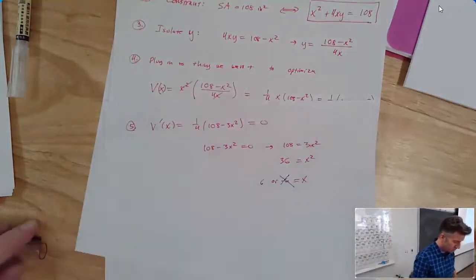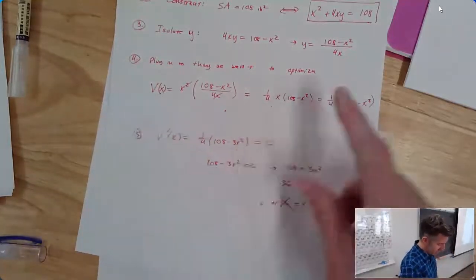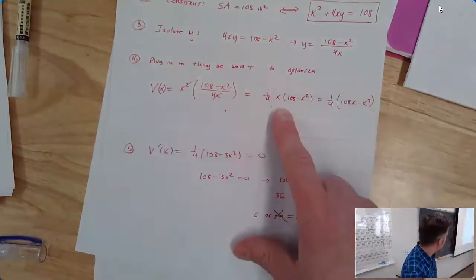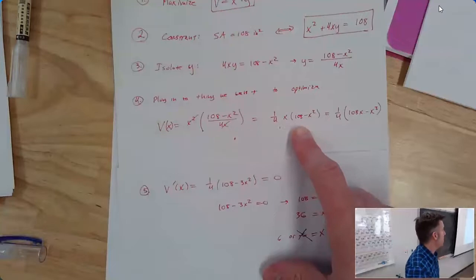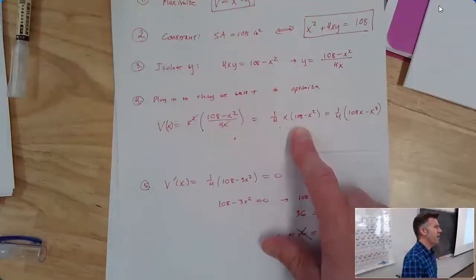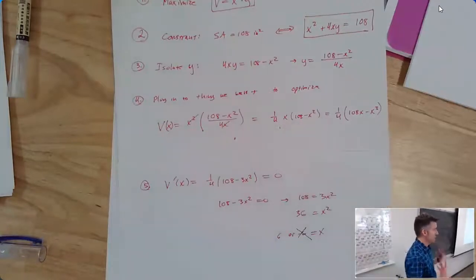It's totally true that if you look at this function, -6 is in the domain of this function, 1/4 x times (108 minus x squared). -6 is a number you could plug in there, but it's not in the explicit domain. So we would say explicitly, even though this function normally would be defined for every value of x anywhere, we're going to artificially, with purpose, restrict the domain to x being greater than 0, because it doesn't make sense to have a negative length.